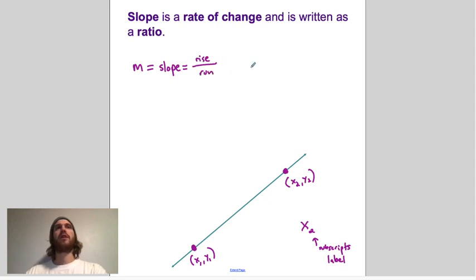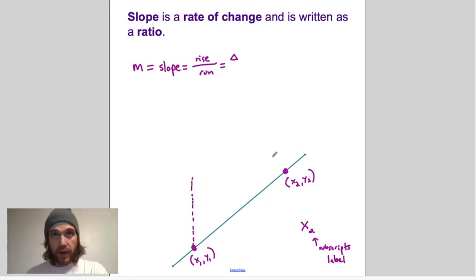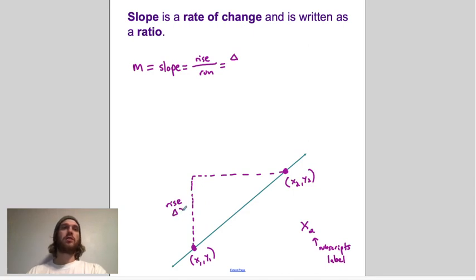Rise over run. The rise means as I'm going from this point directly vertical, how far up did I go? So this is my rise right here, which is also known as the change in y.